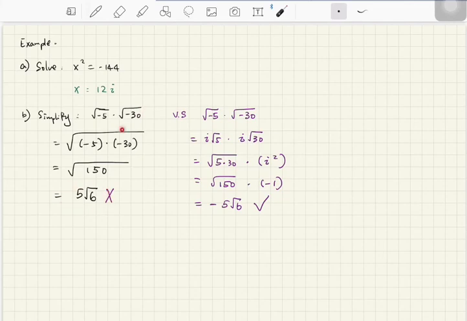So this part is the wrong one, and the correct one is we have to first write it in complex number form and then multiply it, keeping the i squared calculated as negative 1 and then sticking it to the front to make the entire answer negative.